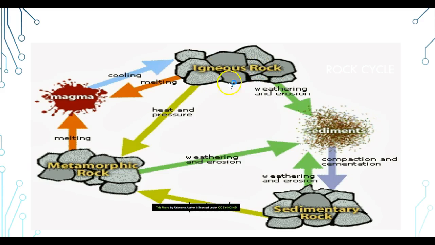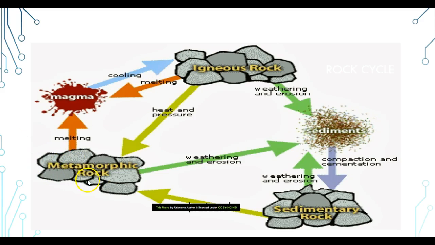So a couple key things with your igneous rock right here. Remember, igneous can be intrusive or extrusive. Intrusive means that it was created inside the earth, and that deals with magma. Extrusive was outside the earth, and that is created by your magma.